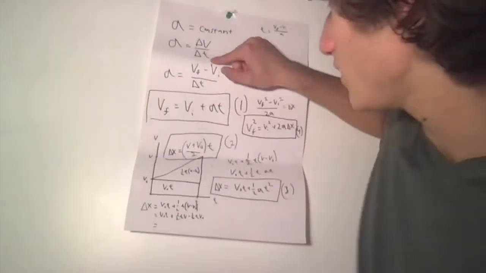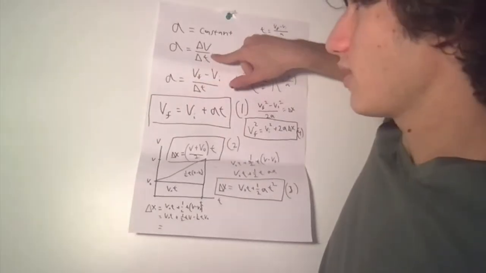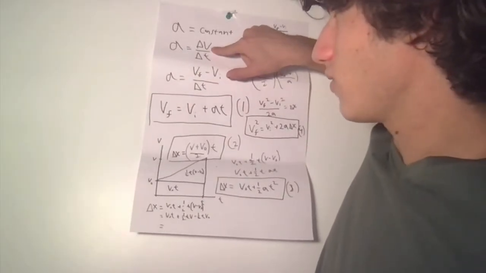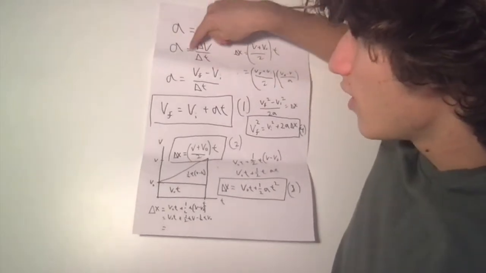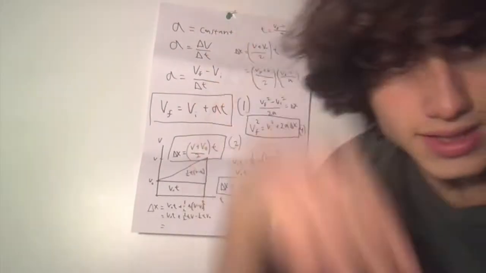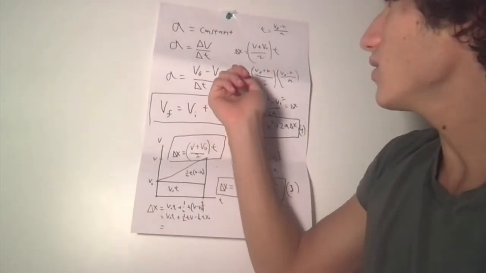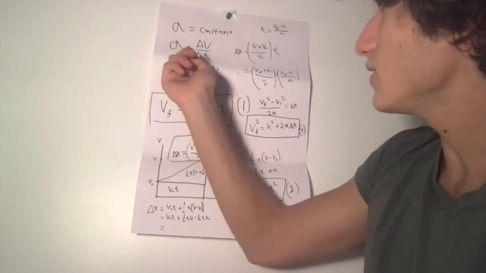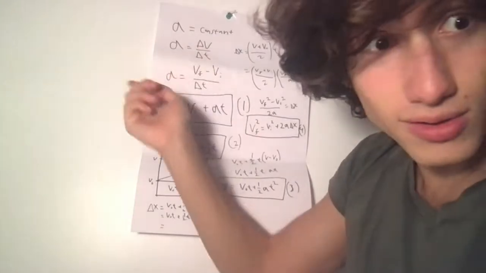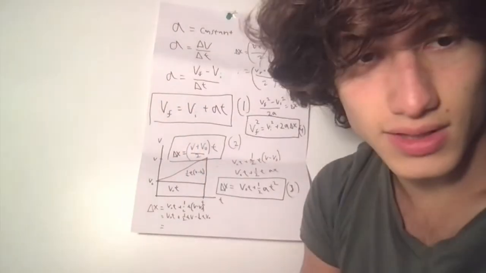Well, if we look up here, acceleration is equal to, by definition, the difference in v over the difference in t. What if we take the integral of both sides with respect to t? The difference in t would drop out, and we would get that the integral of acceleration is just equal to velocity.